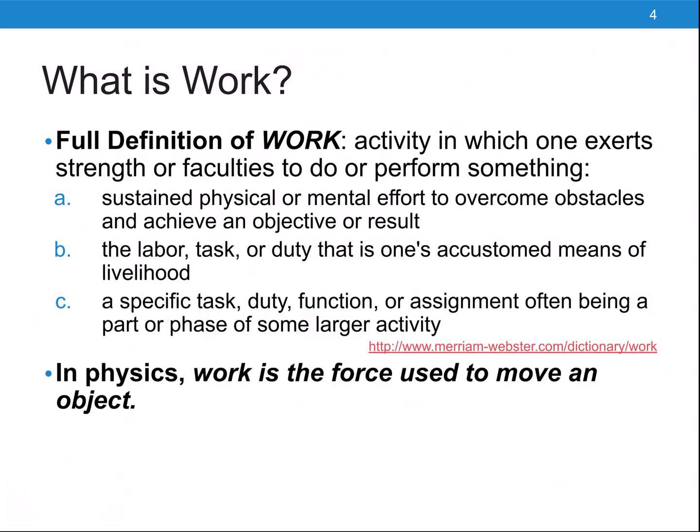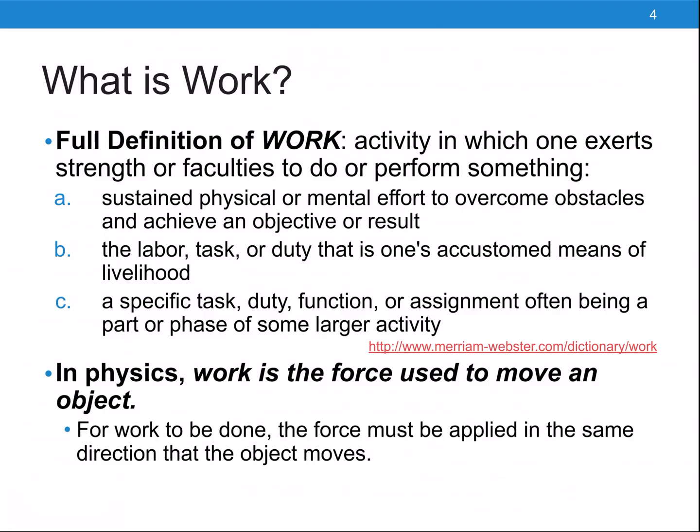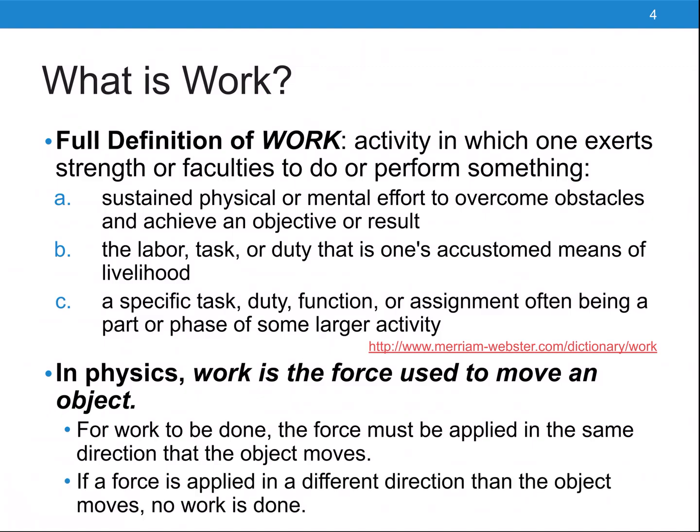And some of that actually does work with the physics definition, but the physics one is more specific, and it is work is the force used to move an object. So two things must happen in order for work to happen. The force must be applied and an object must move. It also has to happen in the same direction. If those two things don't happen, or if they happen but not in the same direction, then work is not done.